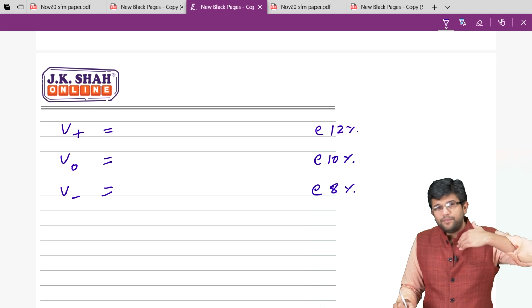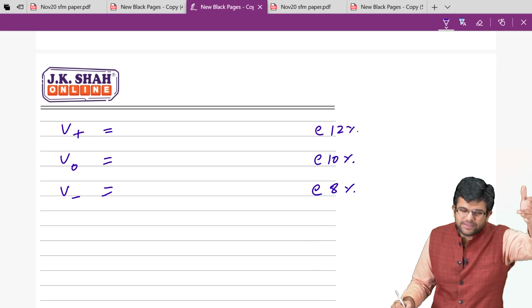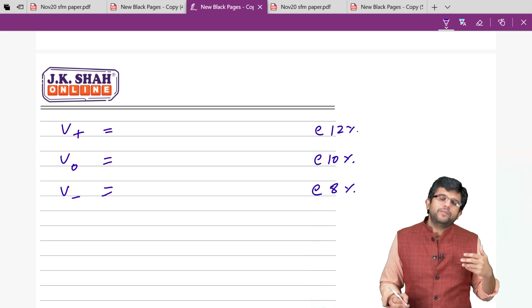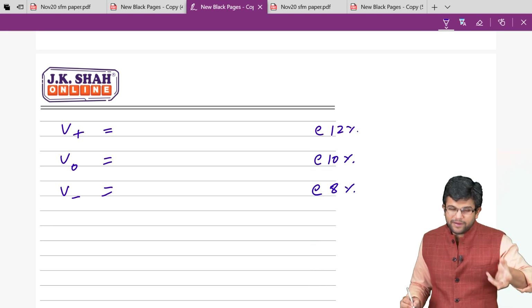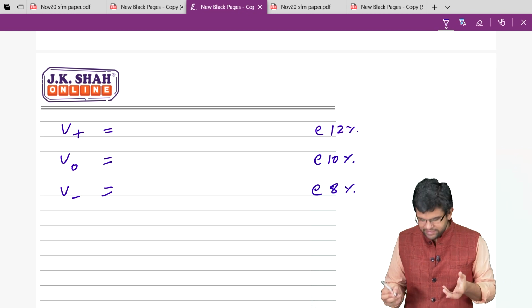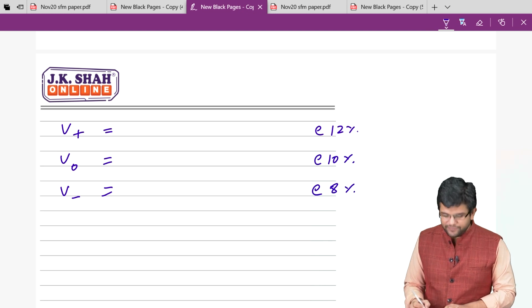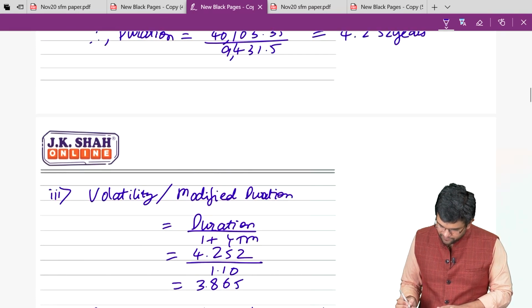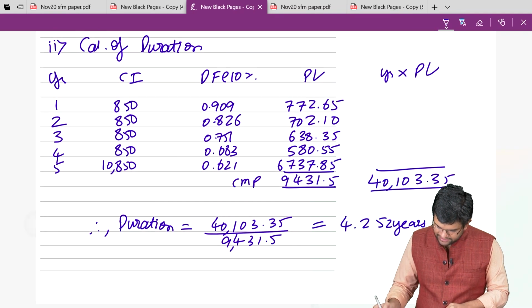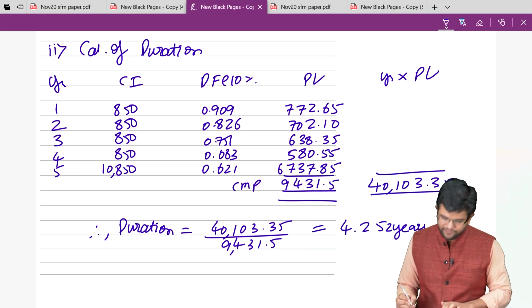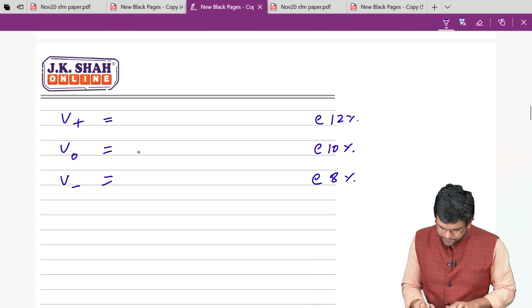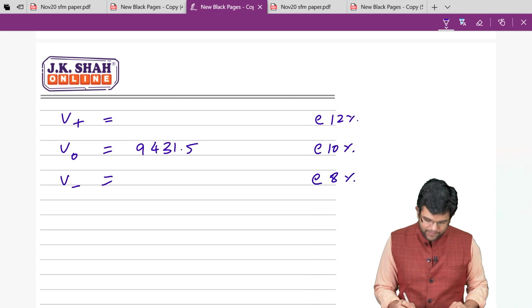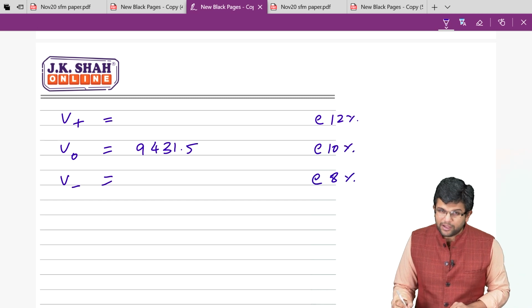So V plus is the current market price at 12% YTM, and V minus is the current market price at 8% YTM. As far as V0 is concerned, we already have it as 9431.5. As far as V plus and V minus are concerned, we'll have to calculate them.